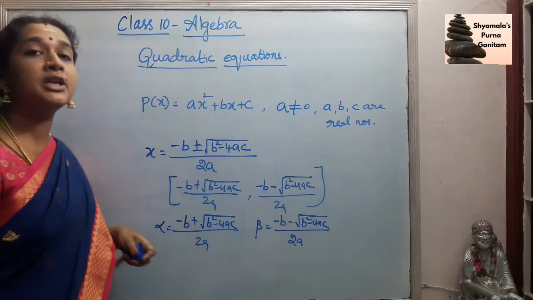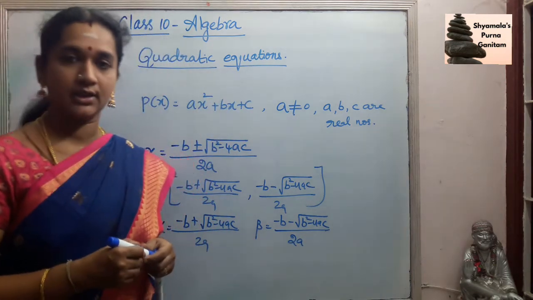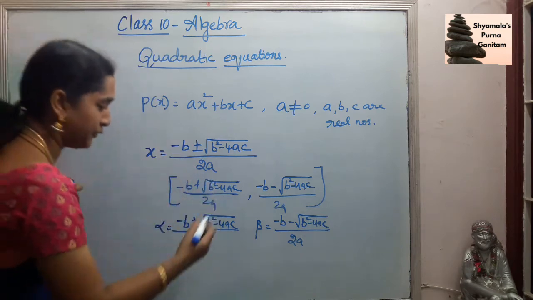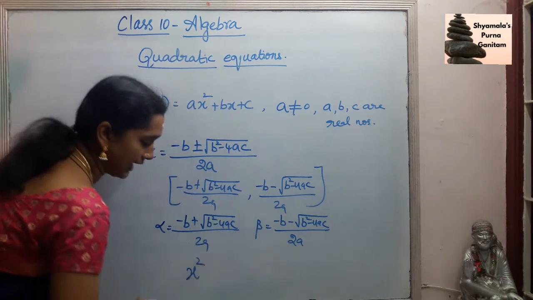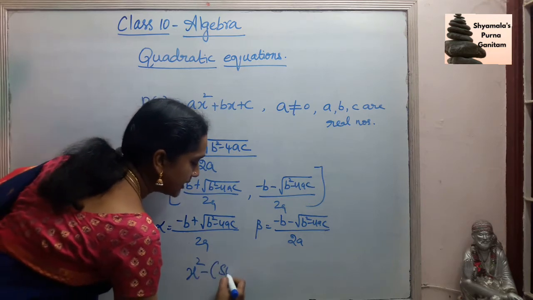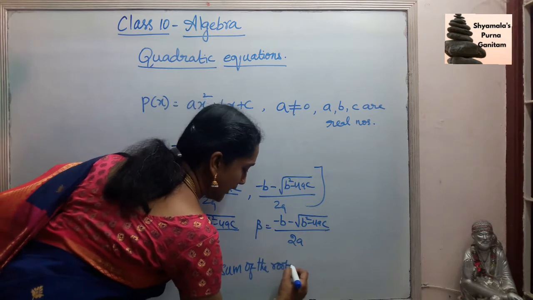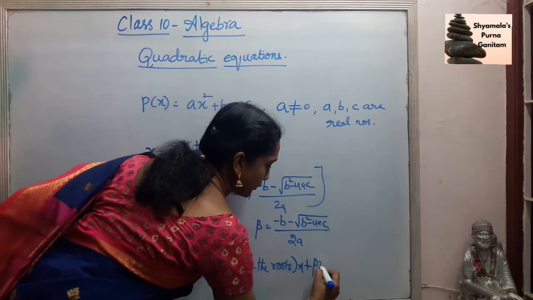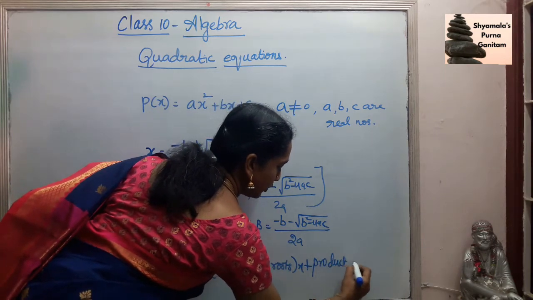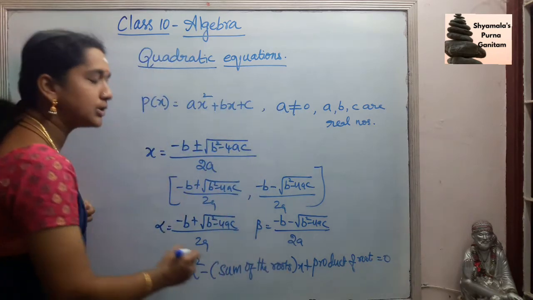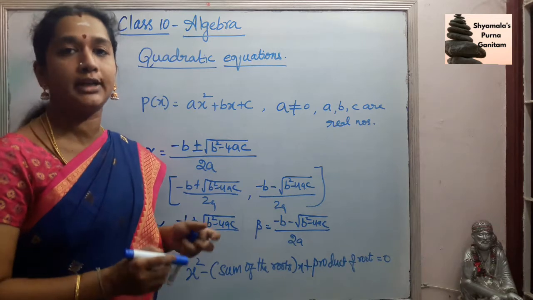Formation of the quadratic equation means, generally we will get x squared minus sum of the roots into x plus product of the roots is equal to 0.